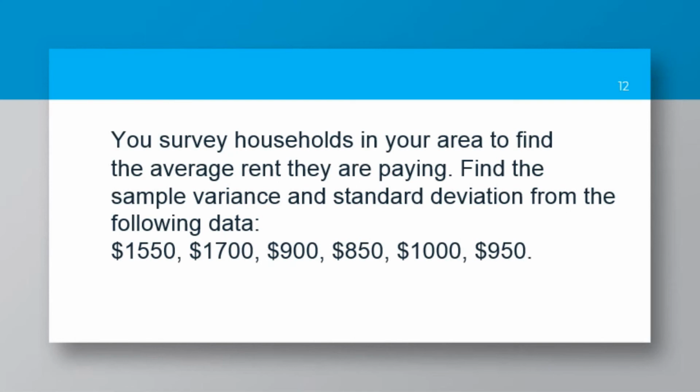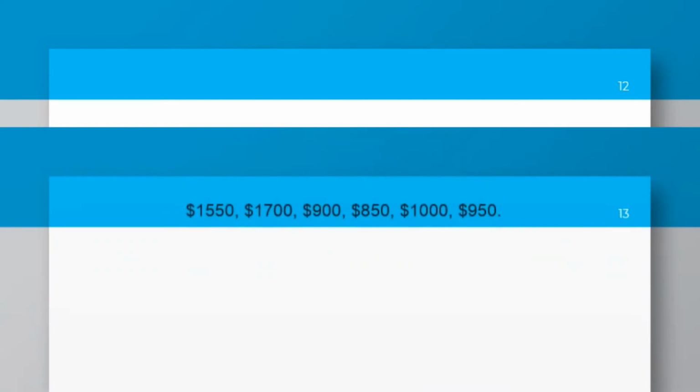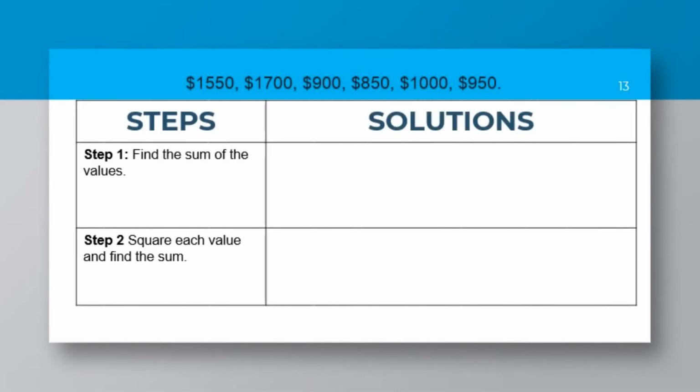Find the sample variance and standard deviation from the following data: $1,550, $1,700, $900, $850, $1,000, and $950. And these are the steps and solutions in this example.